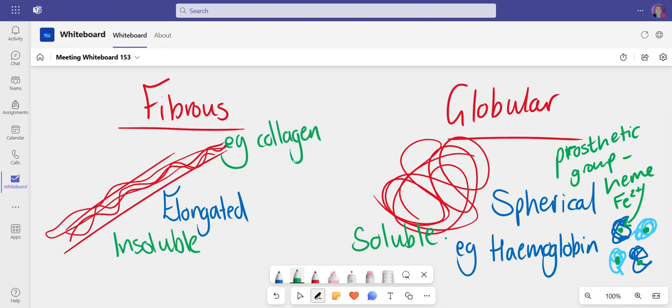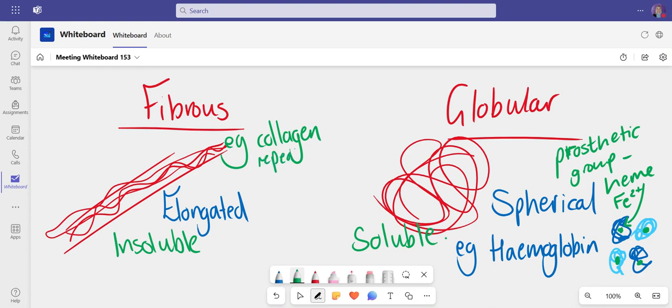Now, collagen is a fibrous protein that's structural, and it actually has a really repetitive sequence of amino acids. In hemoglobin, there are 20 different amino acids, and it has a whole selection of the 20 in a specific order. Whereas collagen has this repeating unit with loads of glycine and proline amino acids in it.